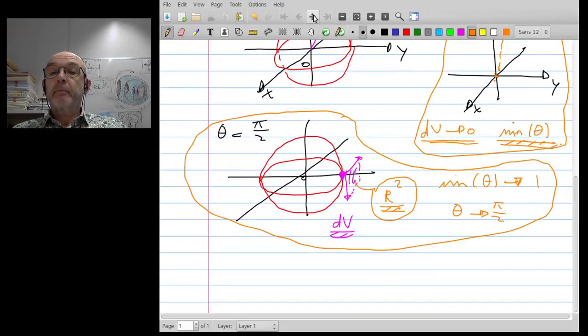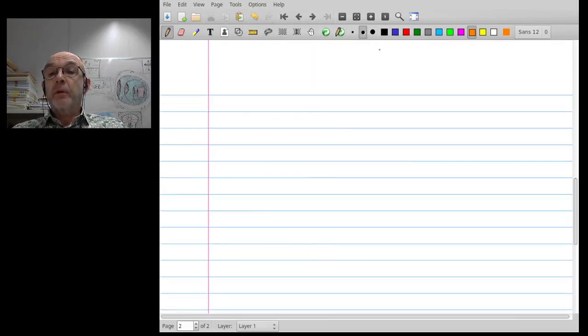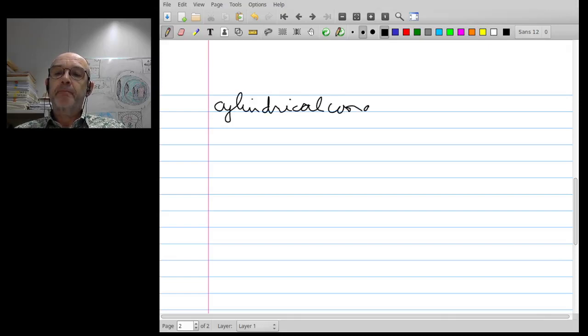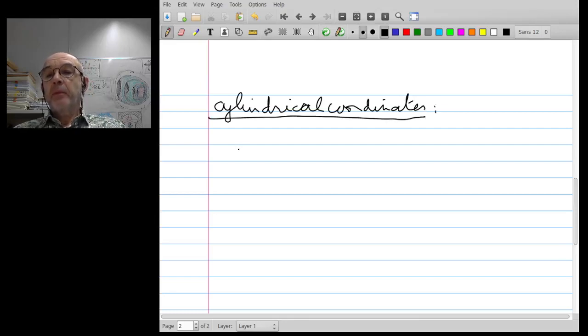Okay, that is what that. Then the next step is, in a certain sense, cylindrical coordinates. Most of the time you have two variables, and there you can use just the polar coordinates.